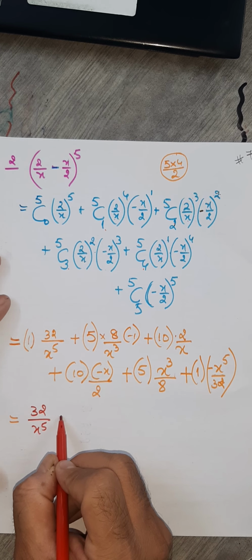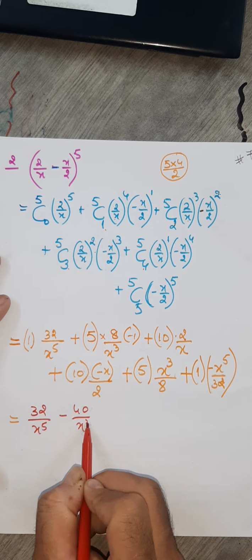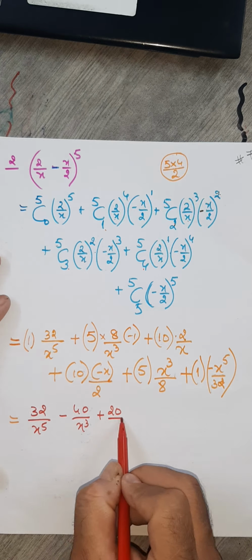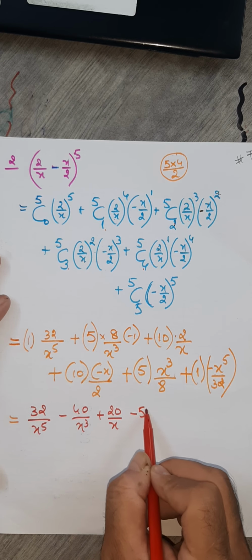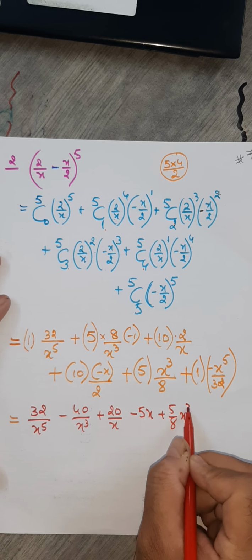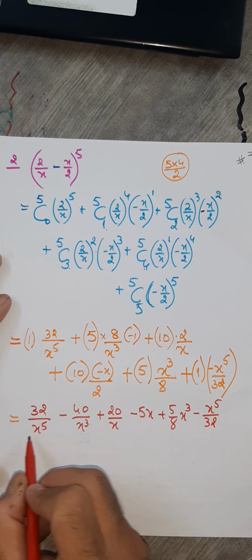This minus sign will come out here. This is 40 by x cube plus what we'll get here, 20 by x. This is nothing but just minus 5x. This is nothing but 5 by 8 x cube minus x raised to 5 by 32. This is the expansion.